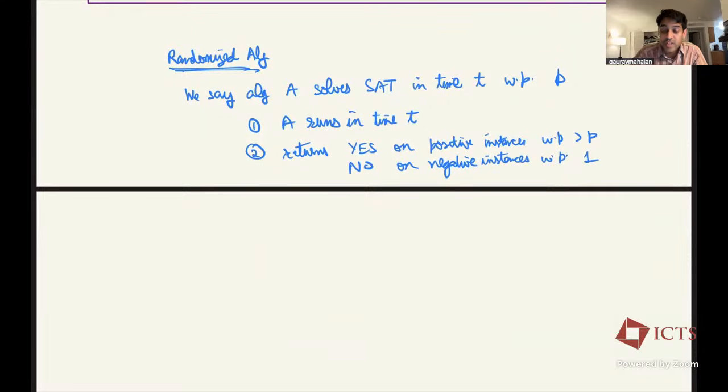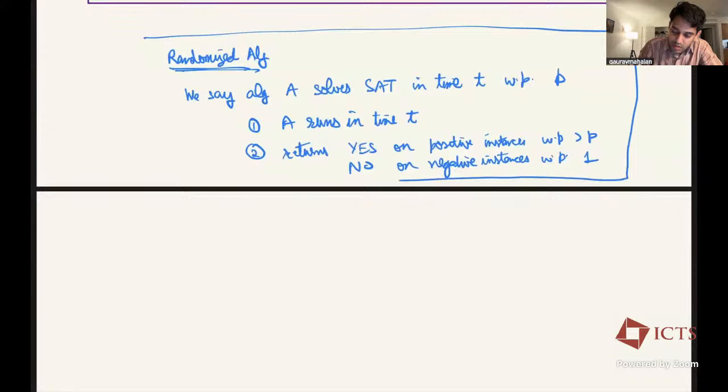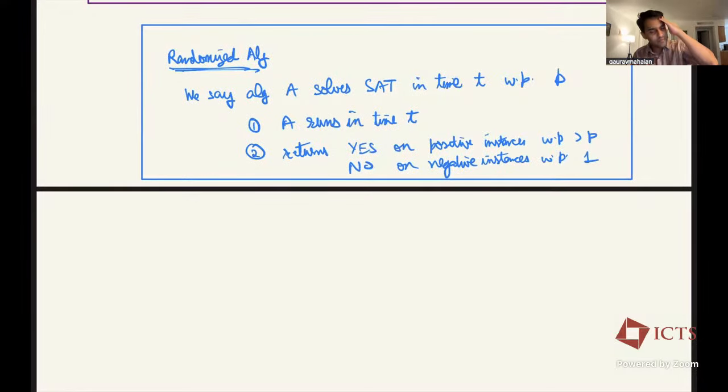So it's like a one-sided error. If your Boolean formula is not satisfiable, then you have to say no. But if it's satisfiable, then sometimes you can make mistakes, a constant fraction of the times. That's the randomized algorithm we'll be looking at.